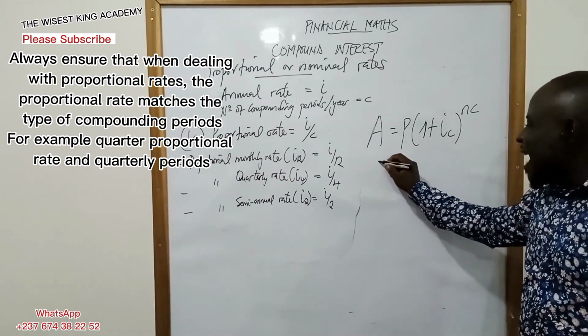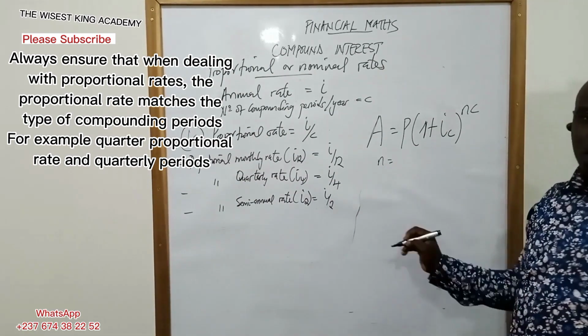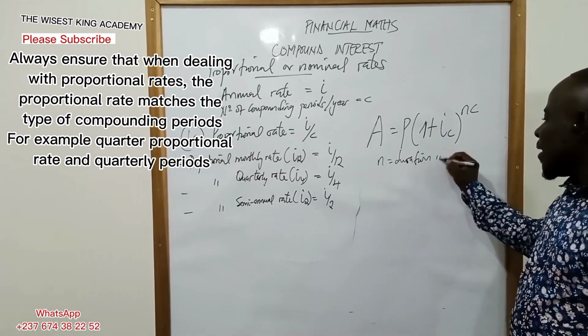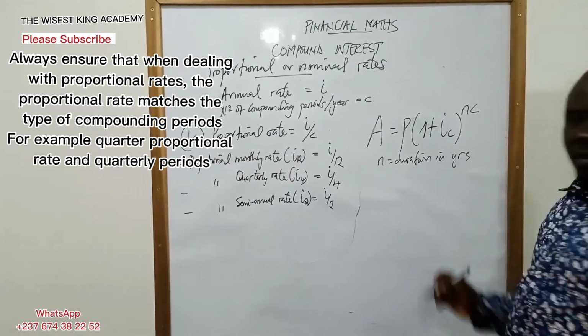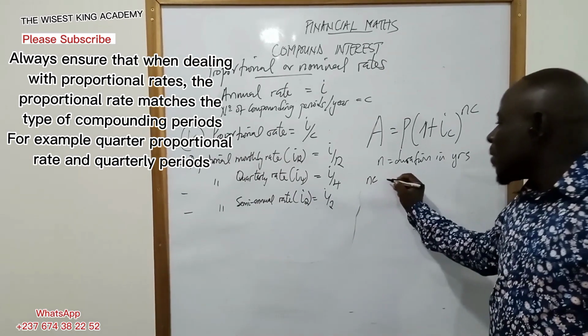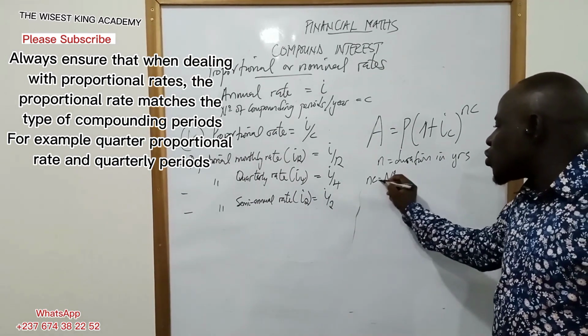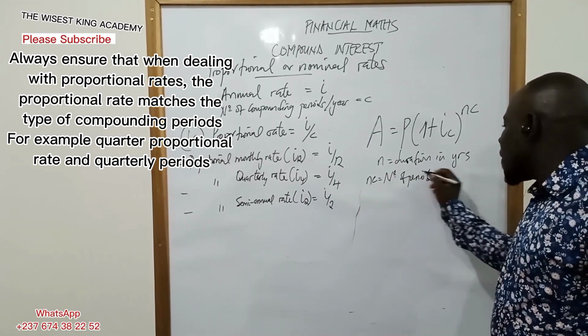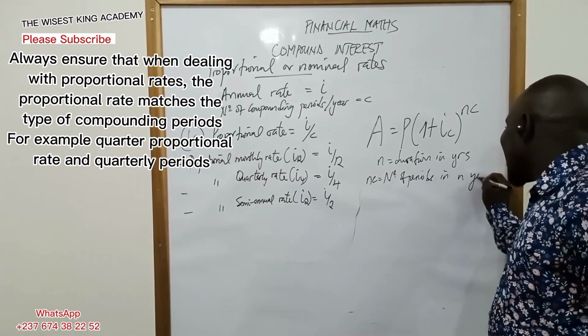Now, what is NC? N, first of all, is the duration in years. NC is the number of periods in N years.